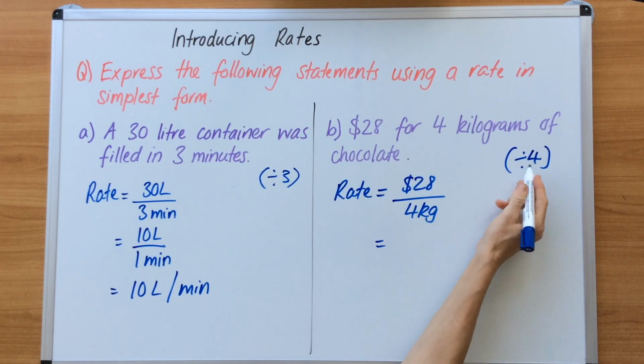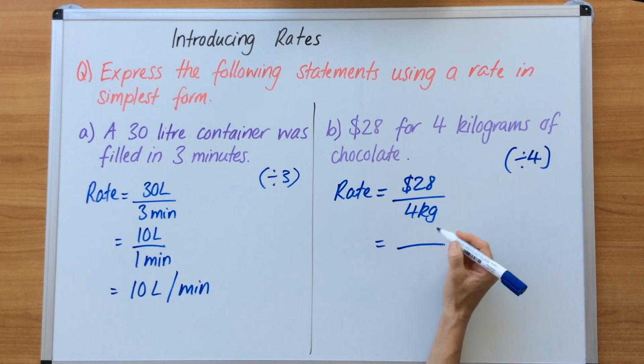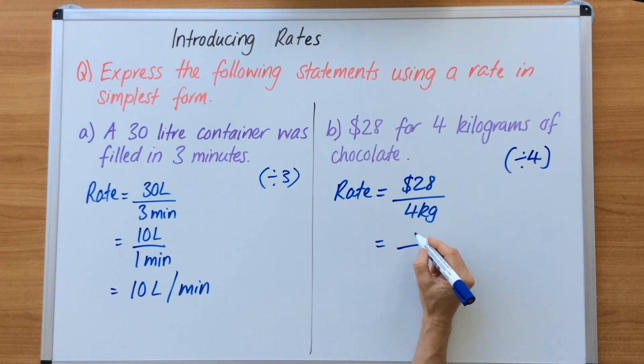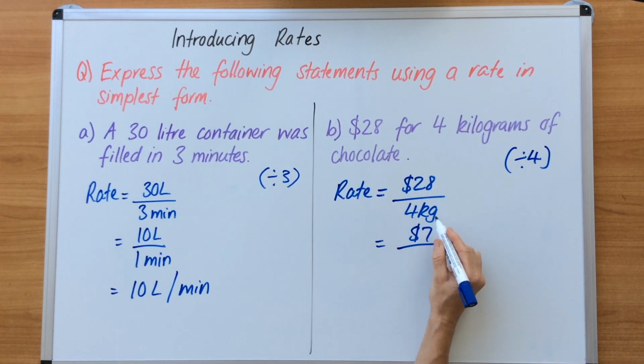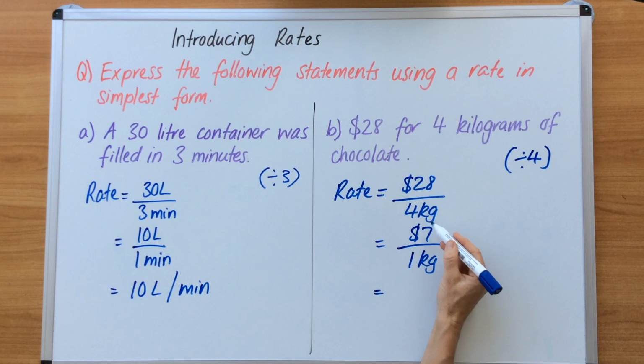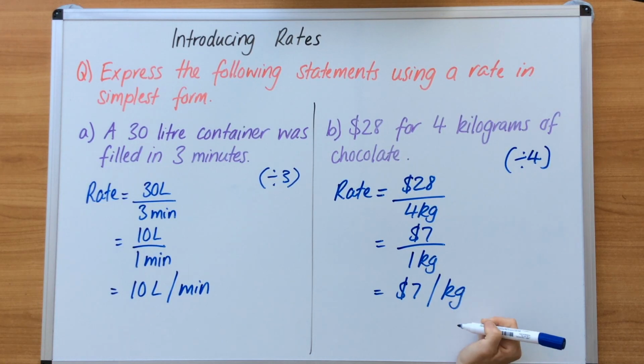Now I'm going to divide these by 4 because what I do to the top I must do to the bottom. So 28 divided by 4 is $7, and 4 kilograms divided by 4 is 1 kilogram. Now I take this and rewrite it the way it should look. It is $7 per kilogram.